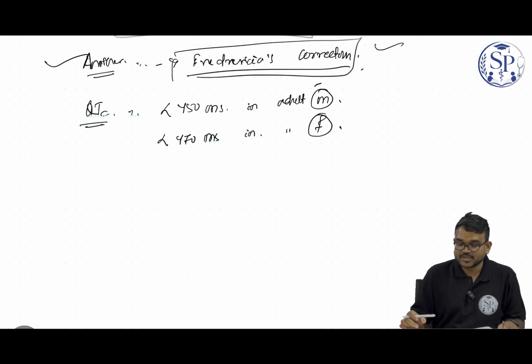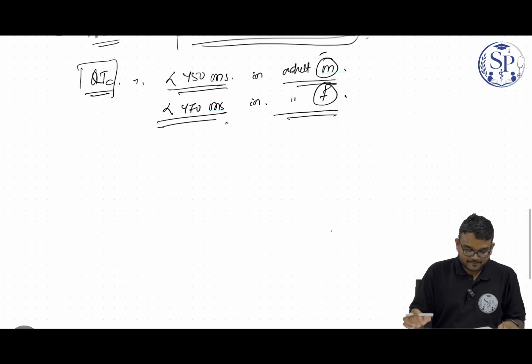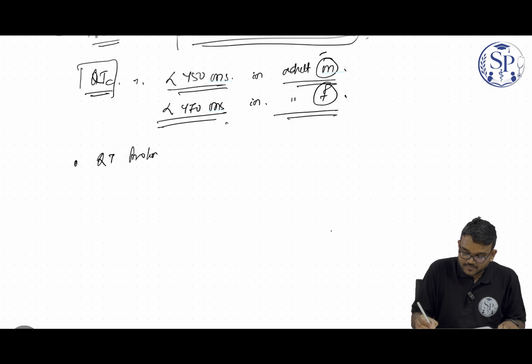Okay, the normal corrected QT interval, or QTc, is always less than 450 milliseconds in case of adult males, and it is less than 470 milliseconds in case of adult females. Now QT prolongation. QT prolongation is otherwise called torsades de pointes.